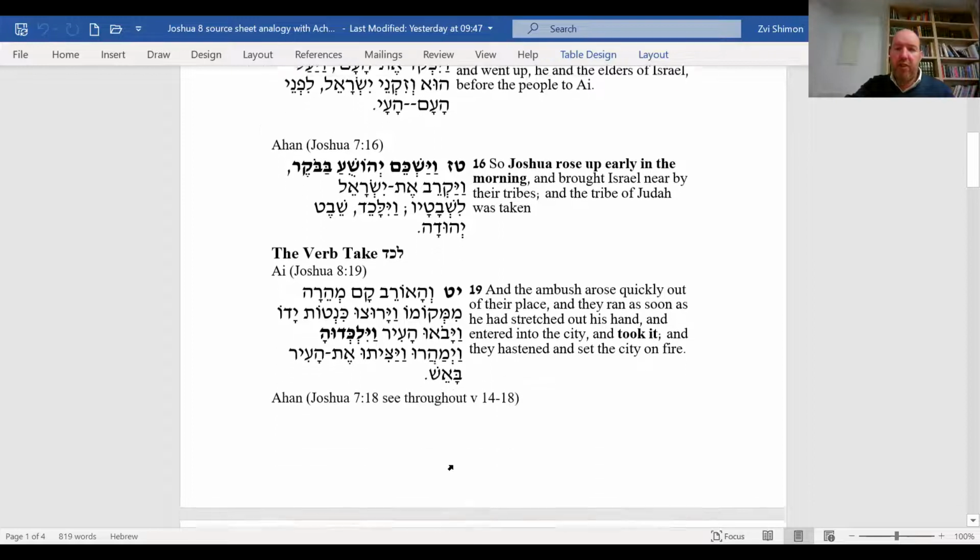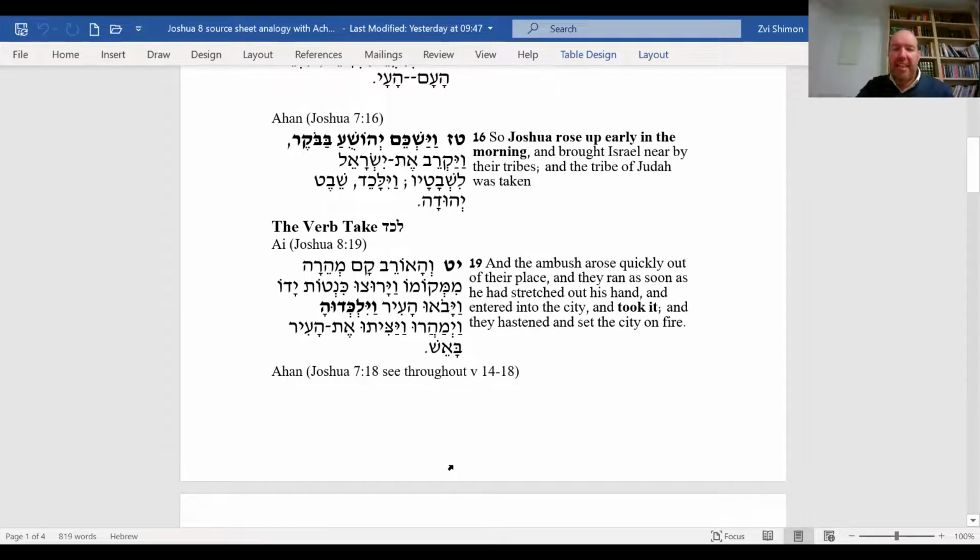In both instances, we have the usage of the verb lakad, to take. In the case of our chapter 8, they capture the city. Vayil kedua, vayavo ha'ir vayil kedua, the ambush rose up quickly. They ran, and when they saw Joshua's outstretched hand, entered the city and took it.